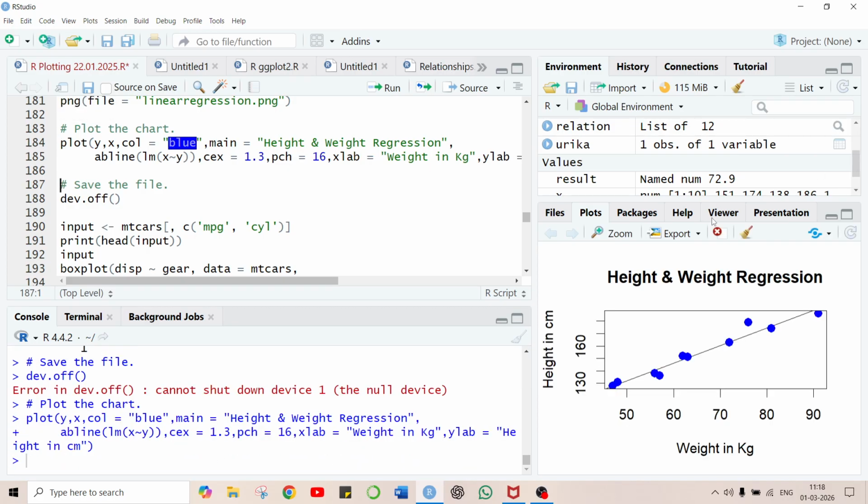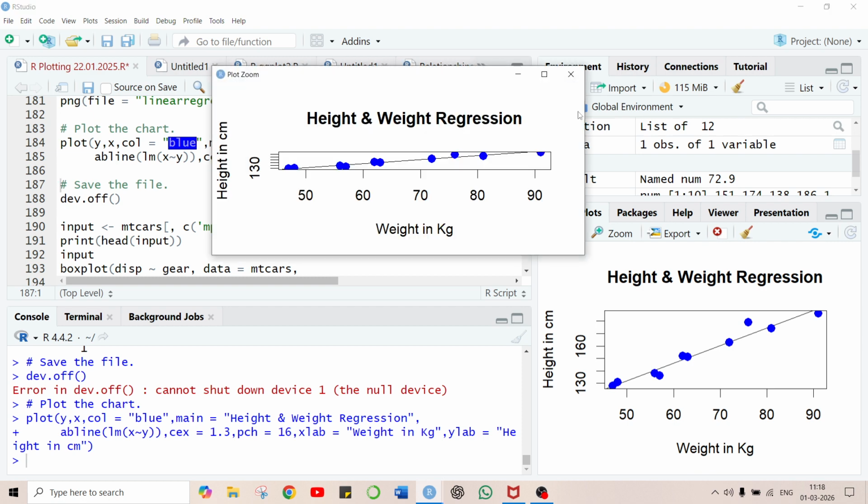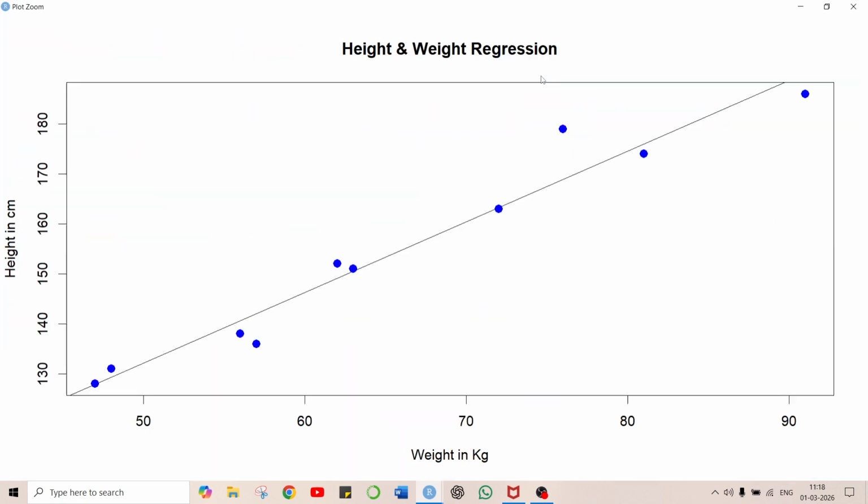So you got the plot here. If you look at this plot, you will have an idea how the points are. The weight is in kg, similarly height is in centimeters. Your height is the independent variable, weight is the dependent variable.